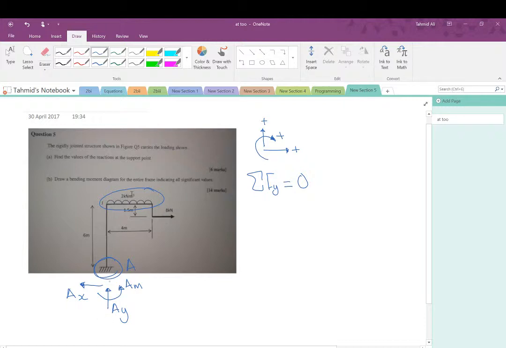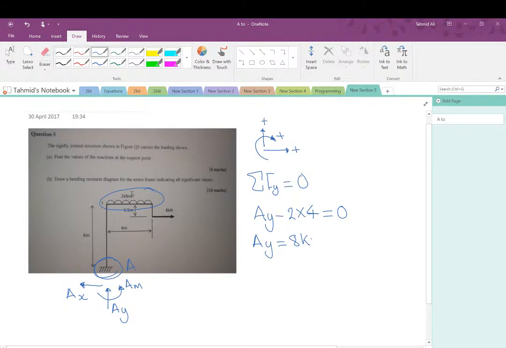So since we're saying AY is acting vertically upwards, we'll have AY minus 2 times 4, yep, times 4 to make it into kilonewtons, equal to 0. So AY is going to be equal to 2 times 4, so it's simply going to be 8 kilonewtons.